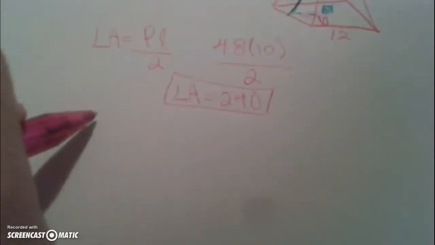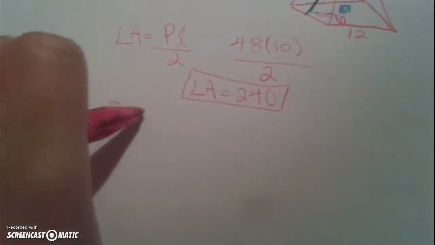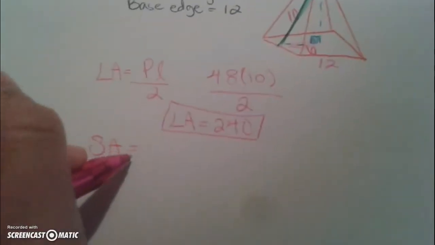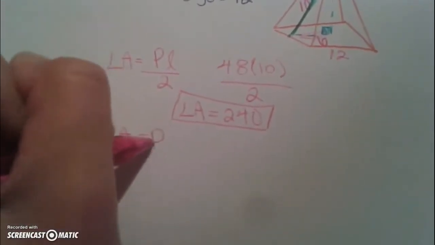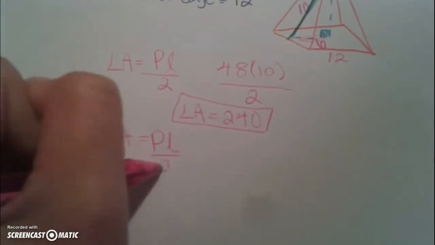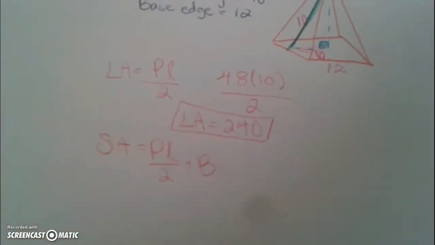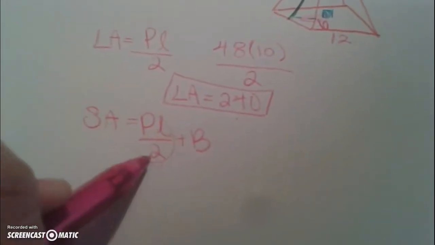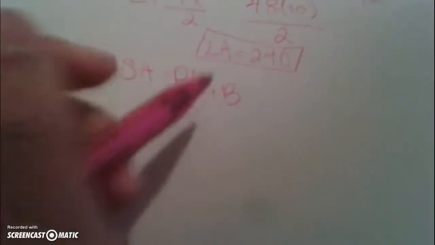Next, surface area. In surface area, the equation is pretty much lateral area plus base, for a pyramid anyways. So we can just plug in our 240 so we don't have to redo all this work.